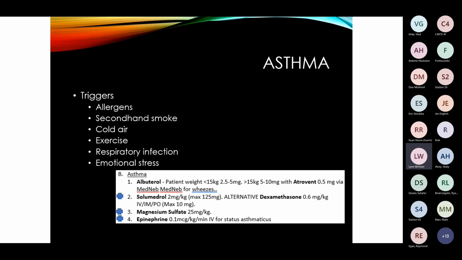Then I would give the child, or adult, Solu-Medrol at 2 milligrams per kilo, or dexamethasone at 0.6 milligrams per kilo.